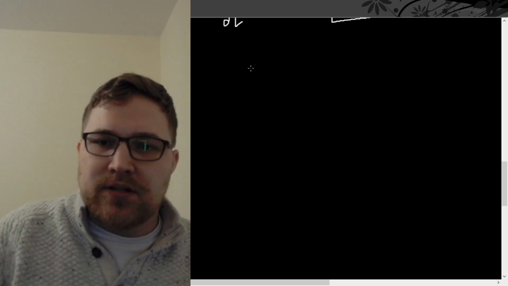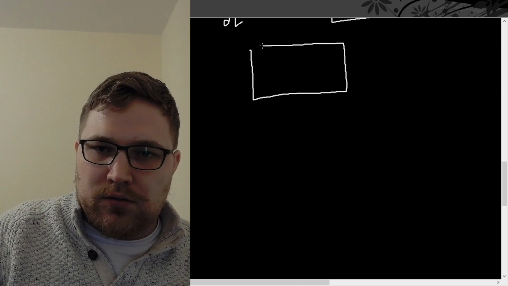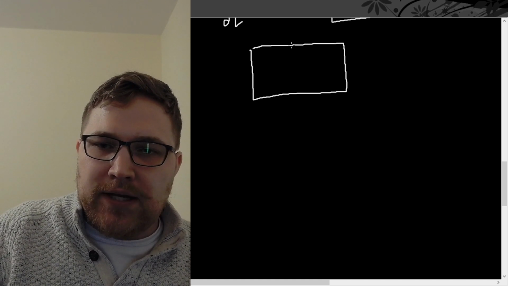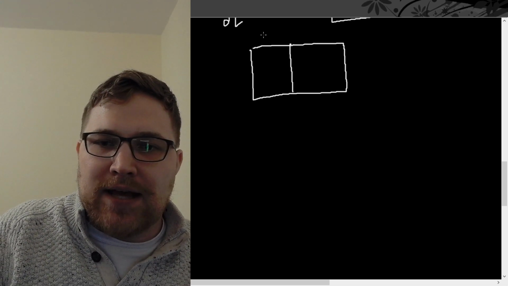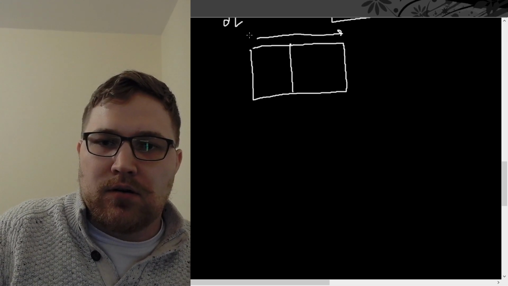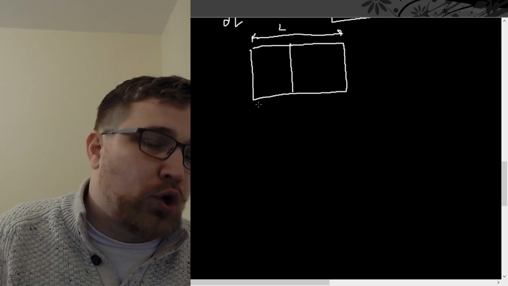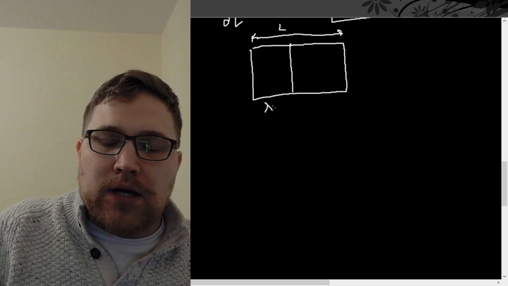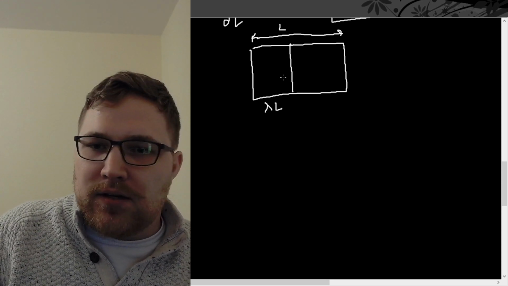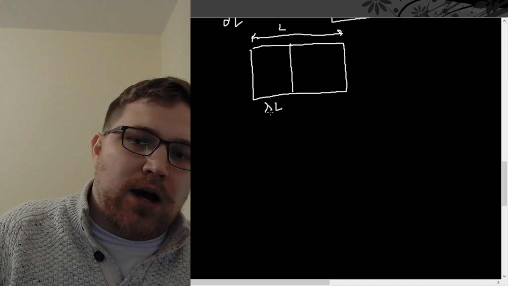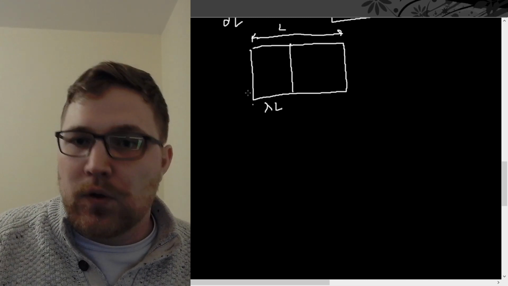So consider a system that I will inevitably poorly draw here, and we will split it into two. Specifically, we might have a system that has a total length L, and then we will set an internal constraint called lambda, where the wall separating the two subsystems is a length lambda L from the left-hand corner, or something like this.